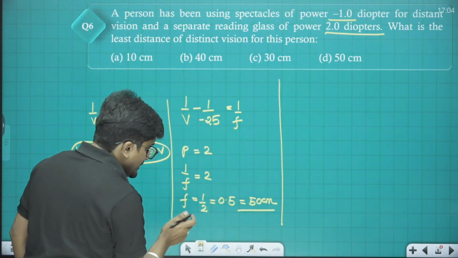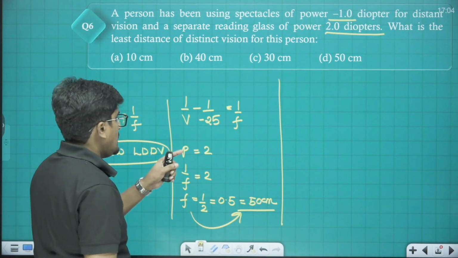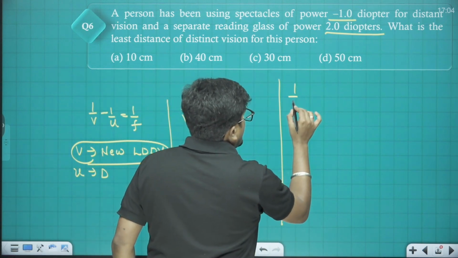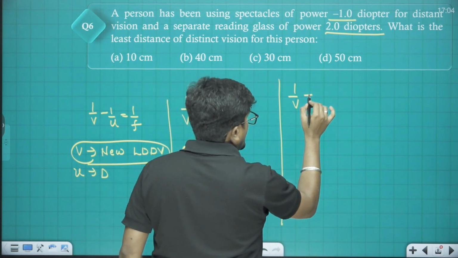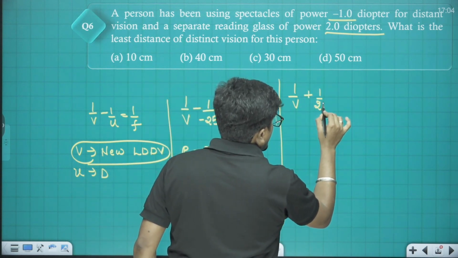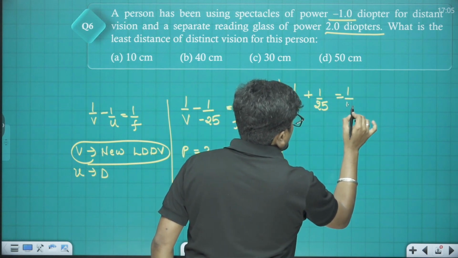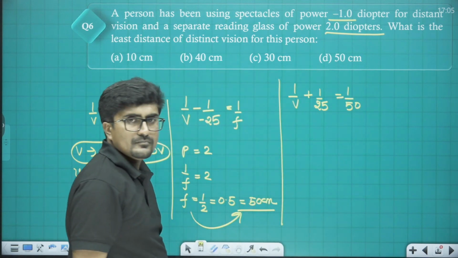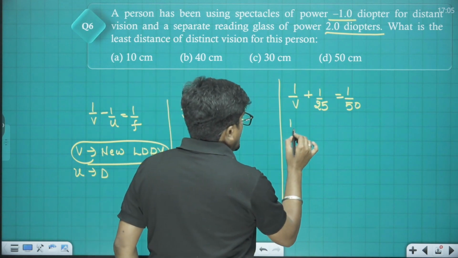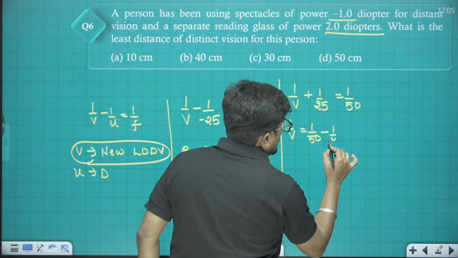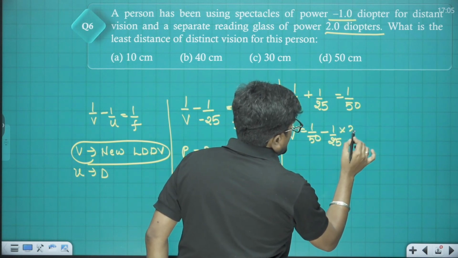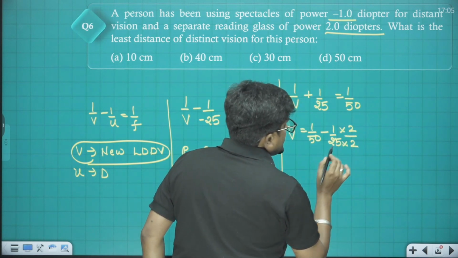All right, so I will be taking the help of this information here. So 1 by V minus of minus, that is plus, 1 by 25, is equal to 1 upon 50. Now 1 by V is 1 upon 50 minus 1 upon 25. Let me multiply by 2 and divide by 2.